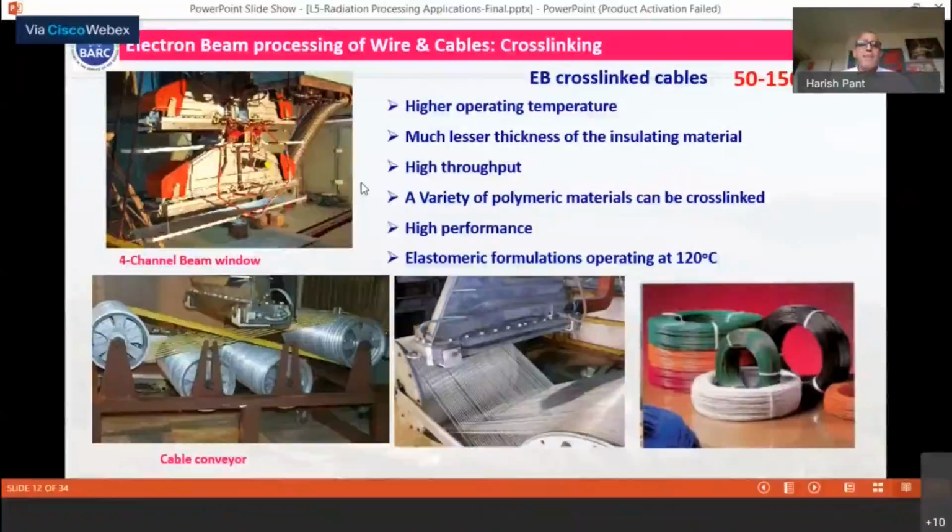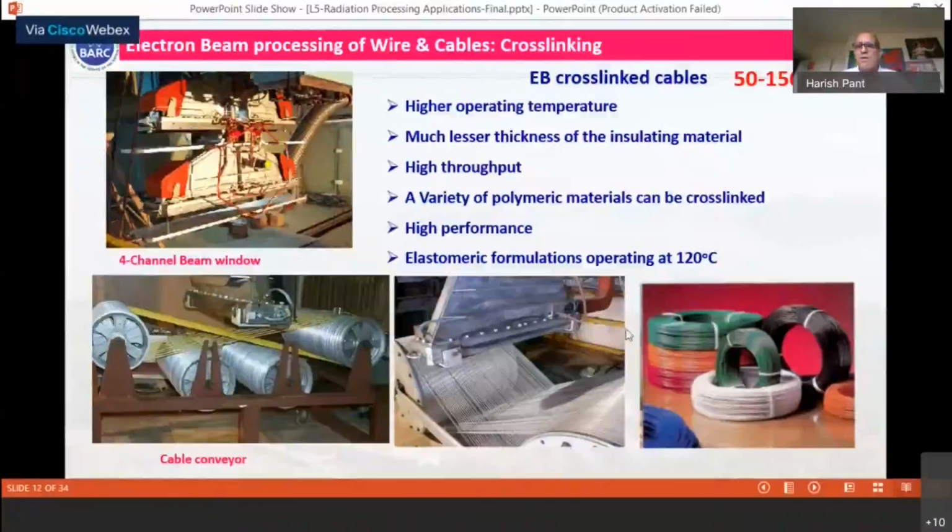One very important application of electron beam is irradiation of wires and cables. You must have seen that in industry, different kinds of cables are used, in the railway, in the electrical industry, and for the distribution of power.